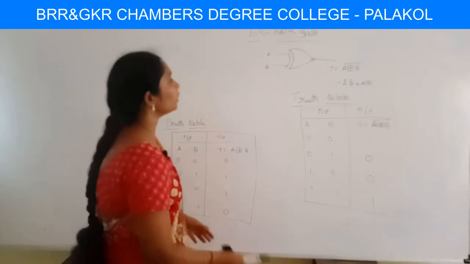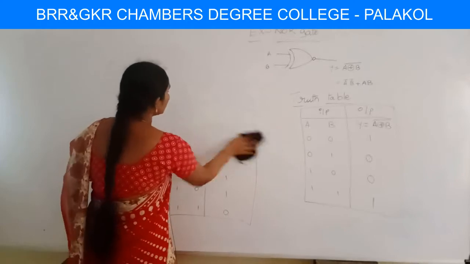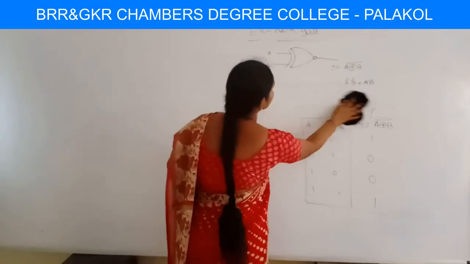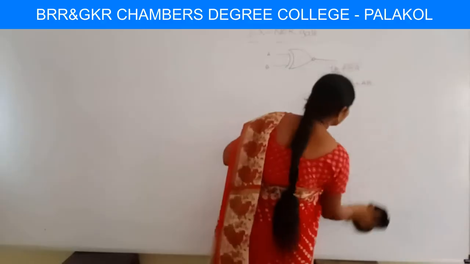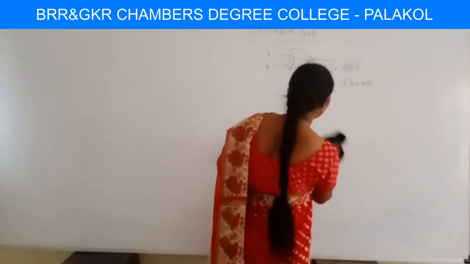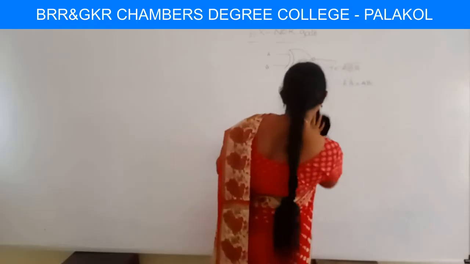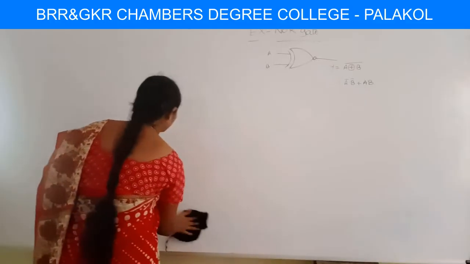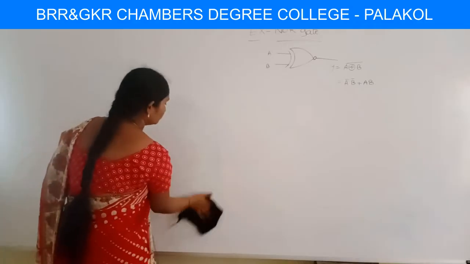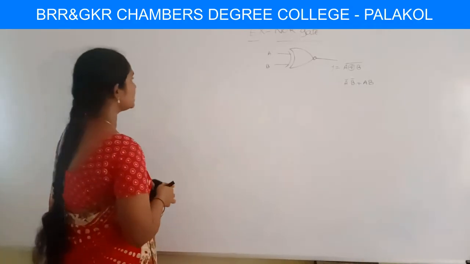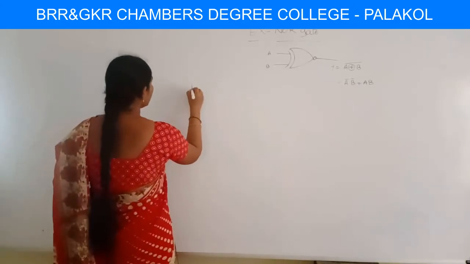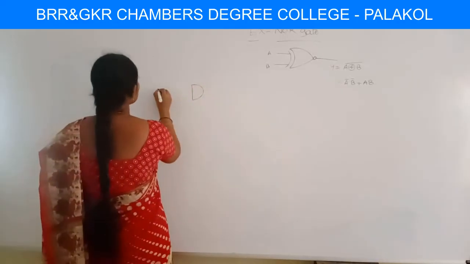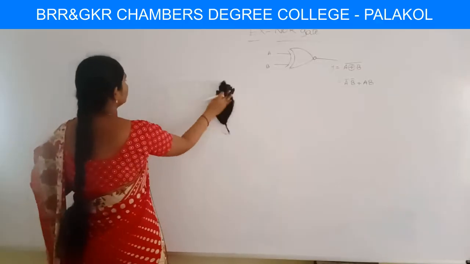And also we have to implement the XNOR gate by using our basic gates. So now how to implement the XNOR gate by using our normal basic gates. Okay, so now consider two NAND gates.